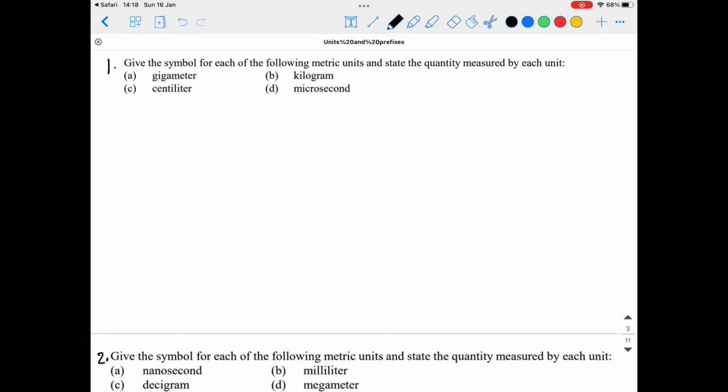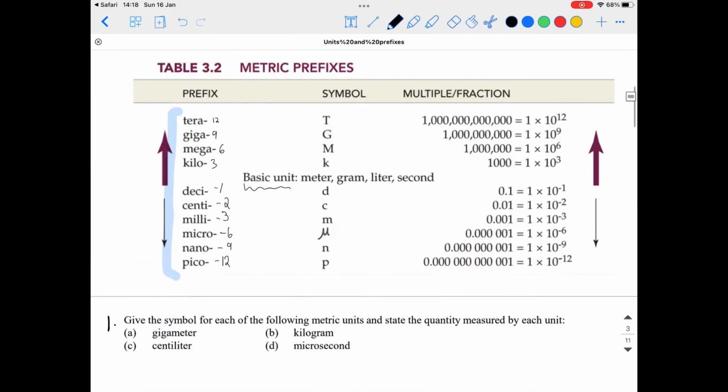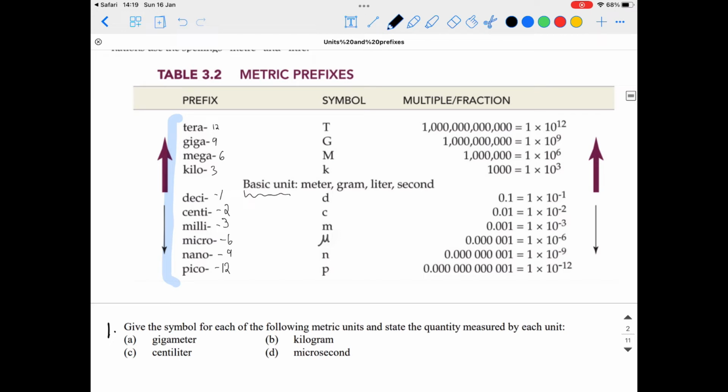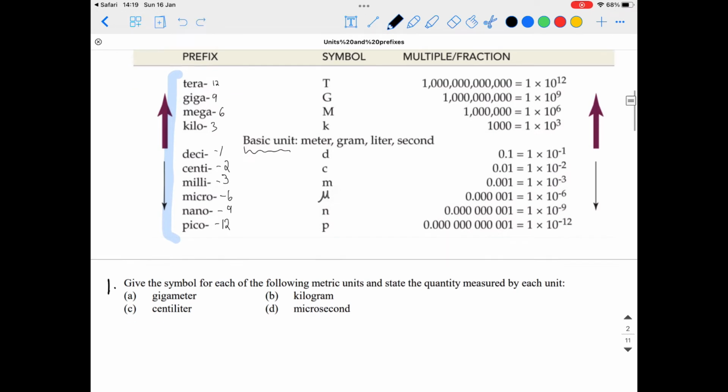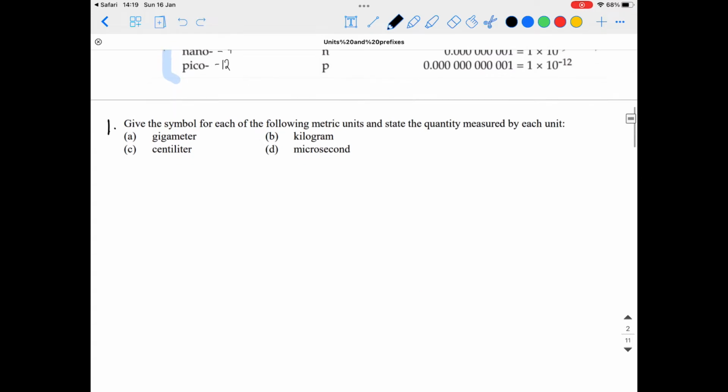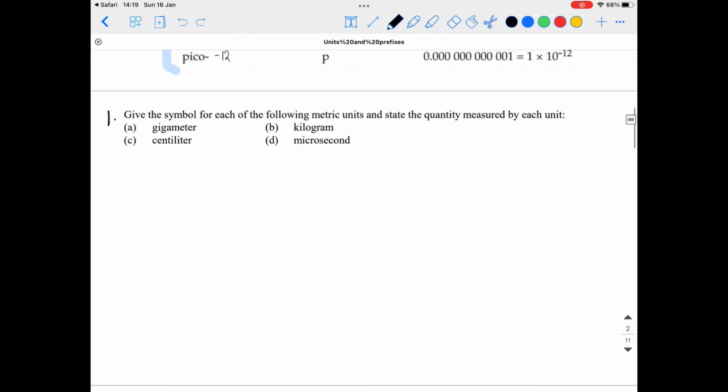Give the symbol for each of the following metric units and state the quantity measured by each unit. A. Gigameter. Looking back at our metric prefixes, giga equals 10 to the power of 9.